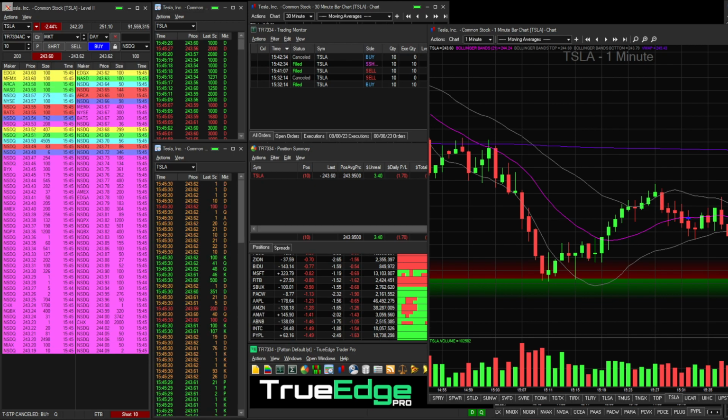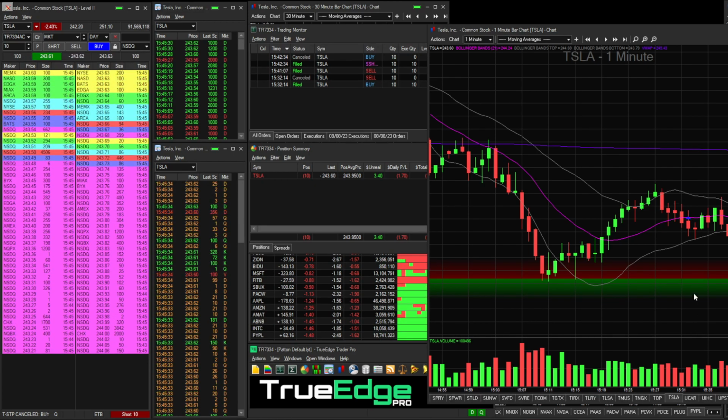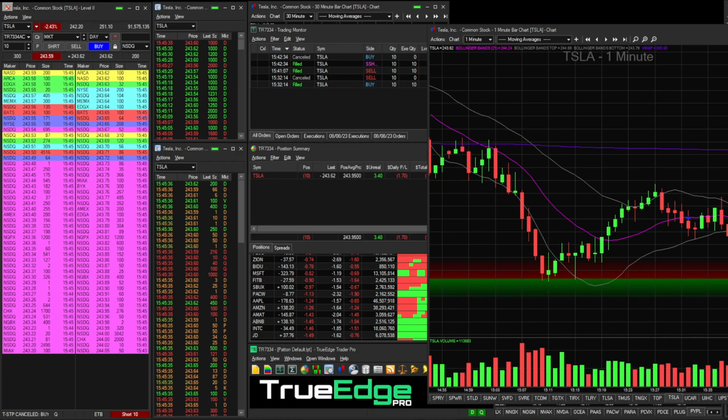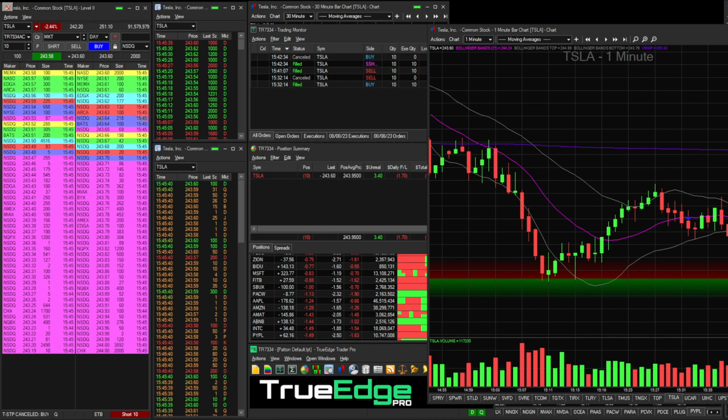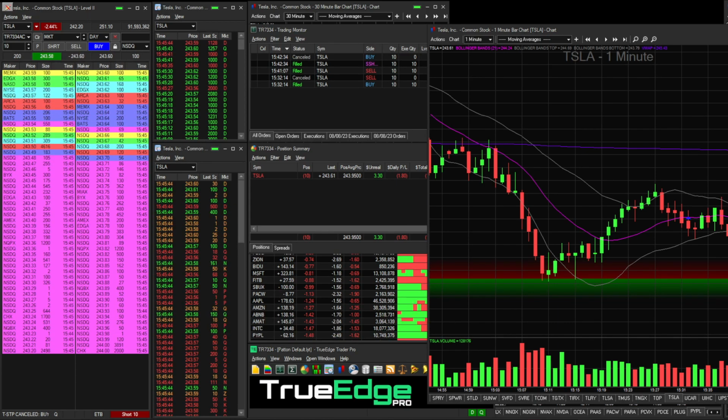So that means that if I'm going to enter a stop loss for a short position, will the stop loss be above the current market price or below? Where would the stop loss be? Above where the market is now or below? That's correct. It has to be above.